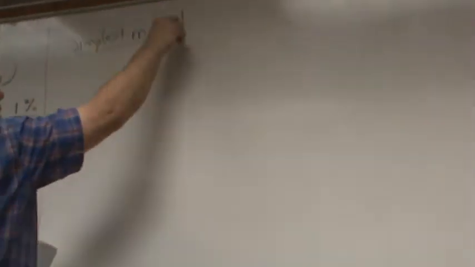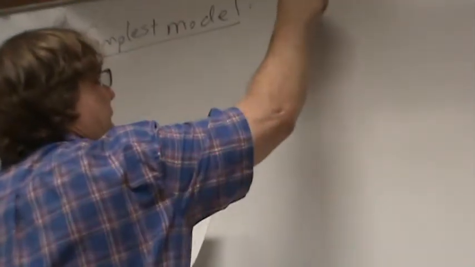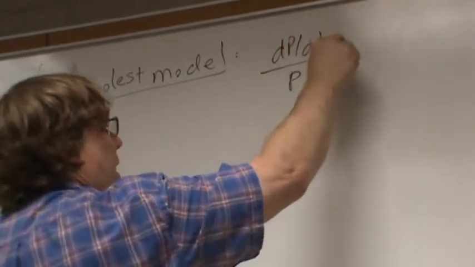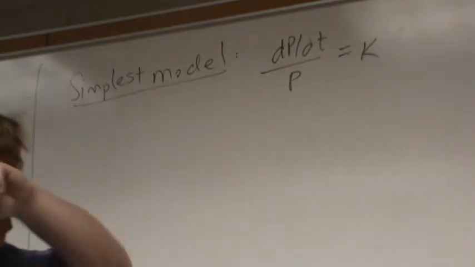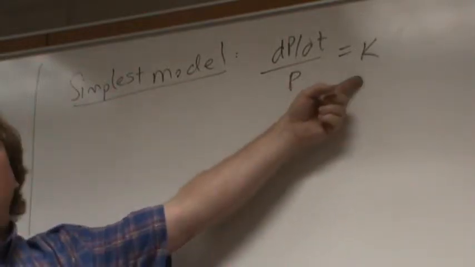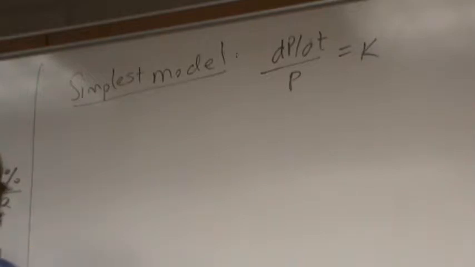The simplest model of relative growth rate is to just have dP/dt over P equal a constant. That would be like saying Mr. Shana has a relative growth rate of 400% per weekend.